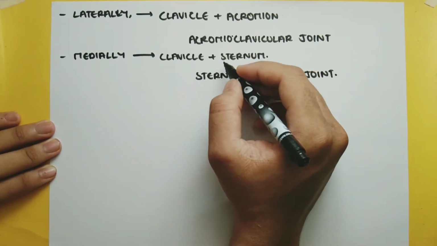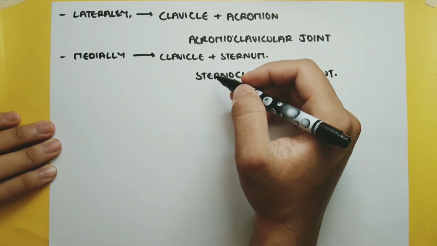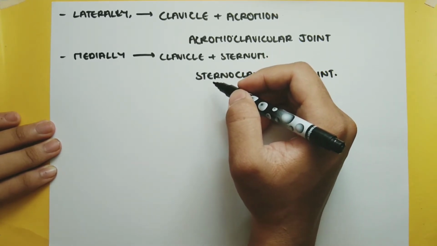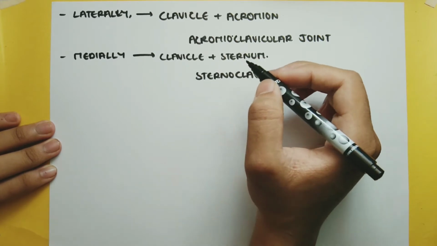At which part of the sternum does the clavicle attach? Does anyone know? The clavicle attaches to the clavicular notch of the sternum.